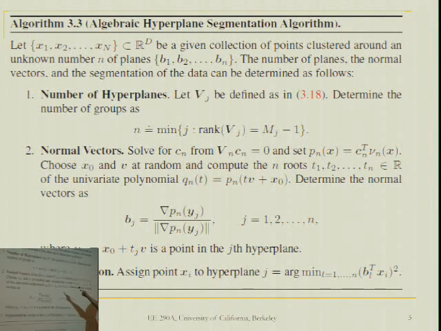The optimal number of groups is the smallest value at which you see a rank 1 deficiency in the embedded data matrix. When the data matrix drops rank by 1, in this case because it is the hyperplane case, that is the smallest number that satisfies this condition. That also gives you the number of hyperplanes.